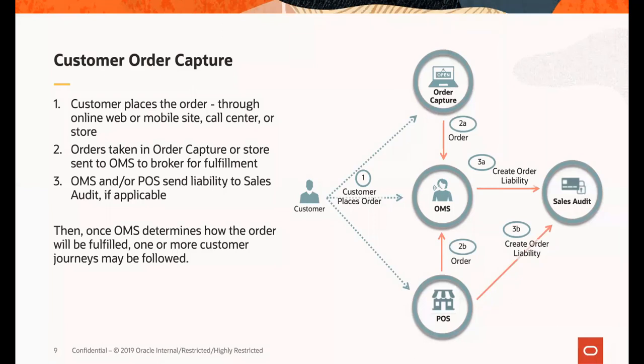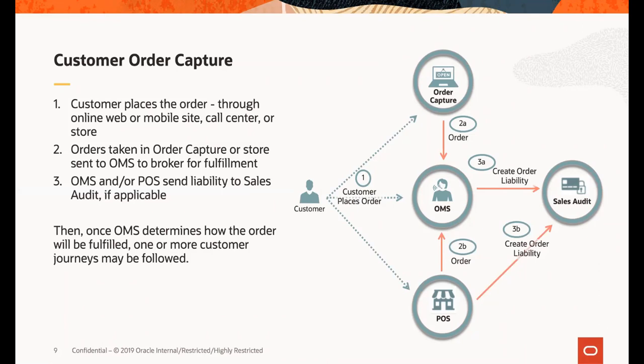So it could be in a website, it could be mobile, a kiosk, it could be in point of sale, it could be directly through order management, like a call center type order. All of those we would expect to be filtered through order management and to come through once they've been brokered, to determine how it's going to be fulfilled.